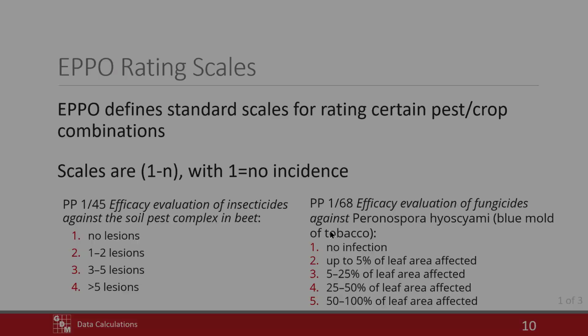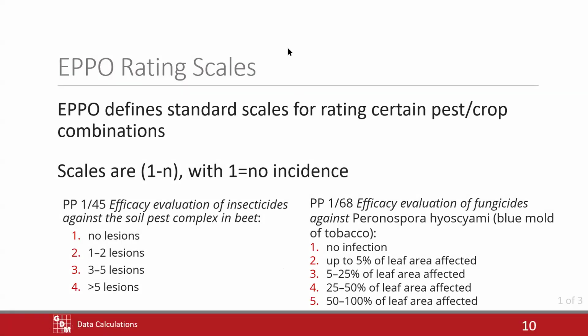All right, let's dive in to our first topic, which is rating scales. Again, let's start with a real basic introduction. At least in ARM, we categorize this as two different types of scales that can be entered in, because EPPO has a list.